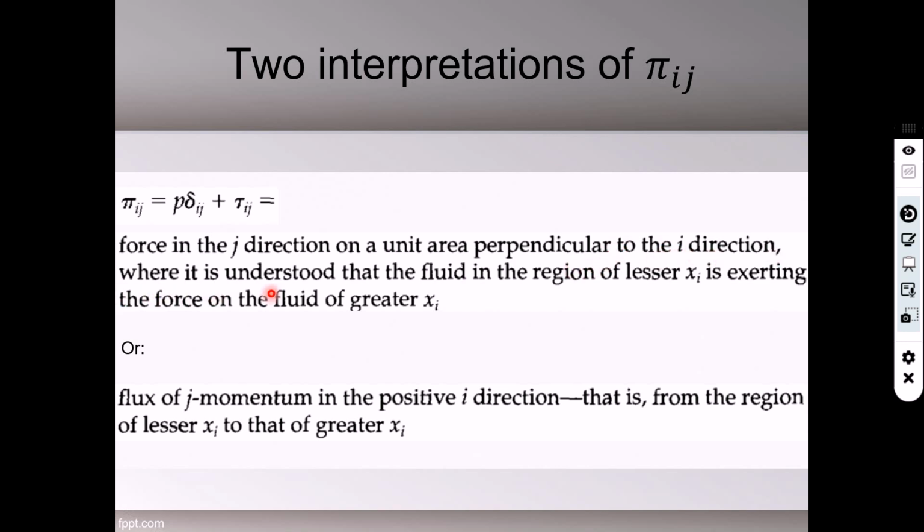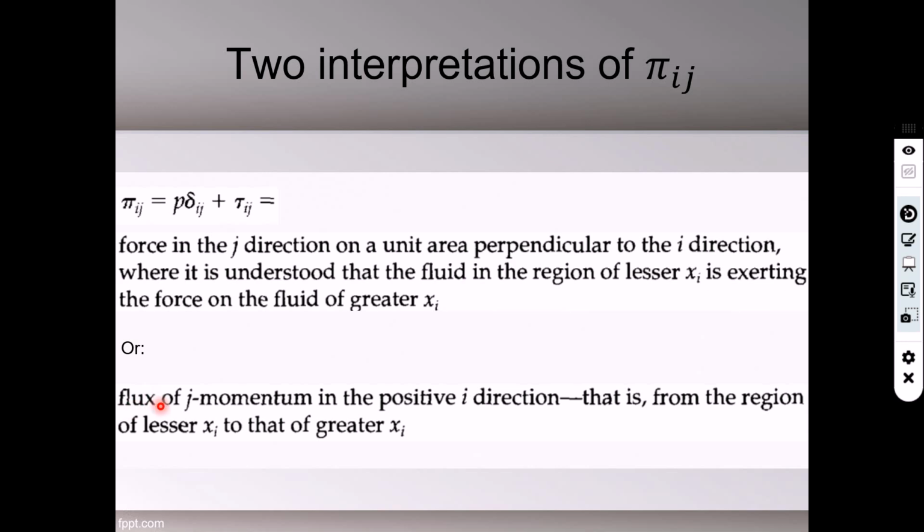Where it is understood that the fluid in the region of less xi is exerting the force on the fluid of the greater xi. So you think about that you have two fluids and the force passes by, all right?